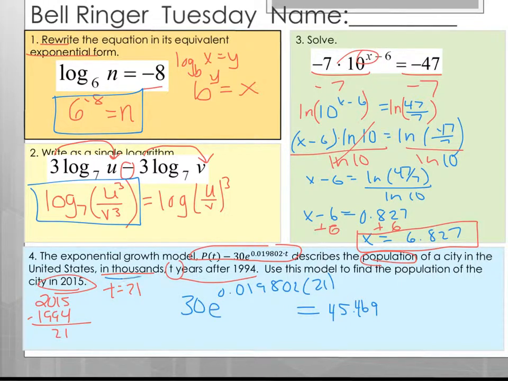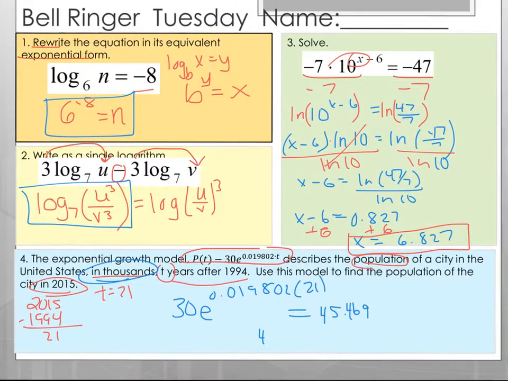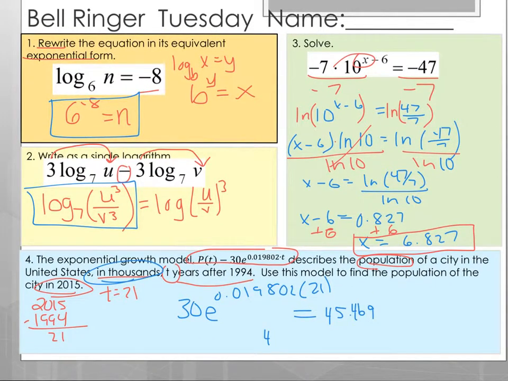Since this problem mentions that that's the population in thousands, then I want to reframe my answer to be 45,469, and since it's population, that would be people.